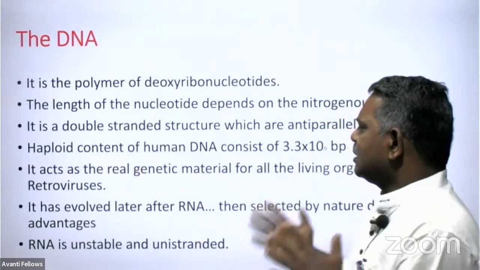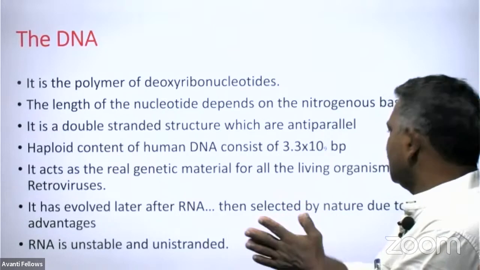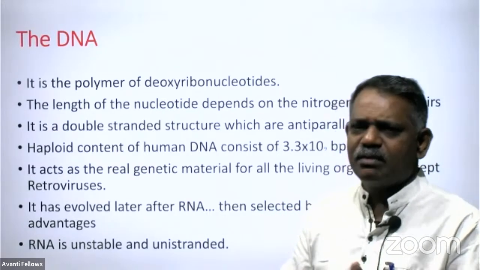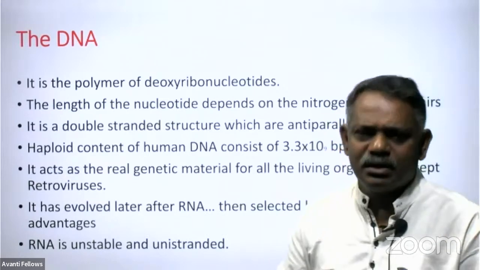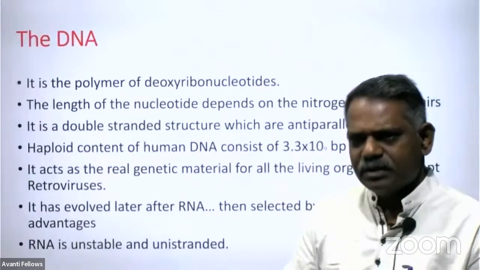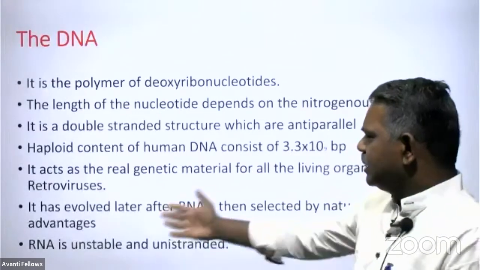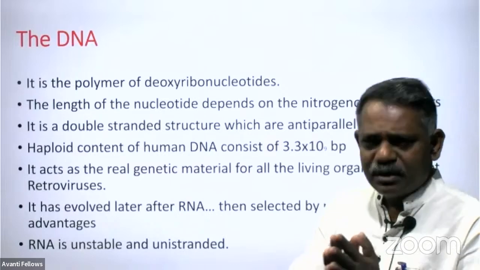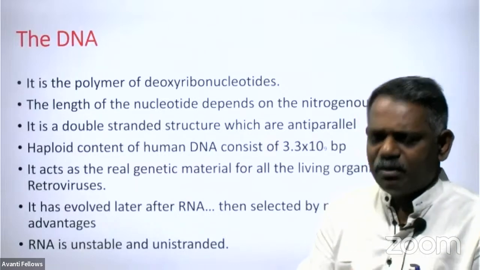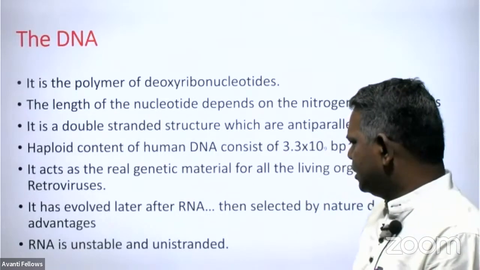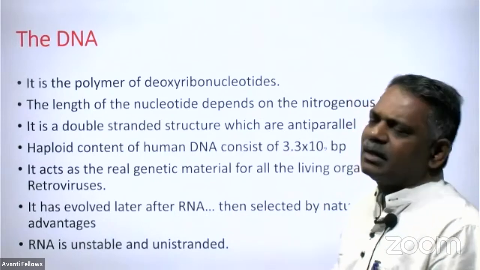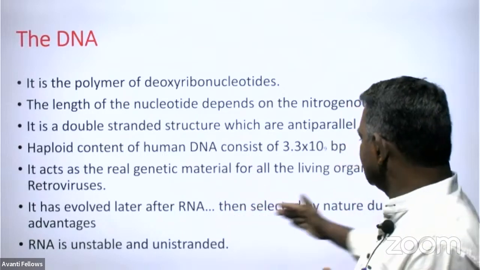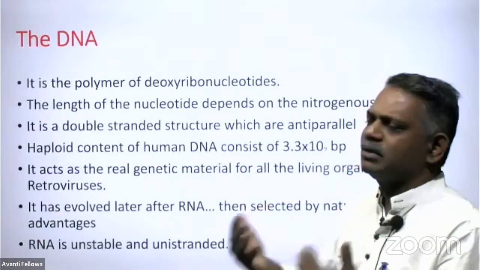So DNA acts as the genetic material for all living organisms except retroviruses, whose genetic material is not DNA, it is RNA only. DNA evolved later, after the RNA. Actually, RNA was produced in the living world initially as the genetic material to express a character, but it was later replaced by DNA, because nature selected DNA for its advantages.